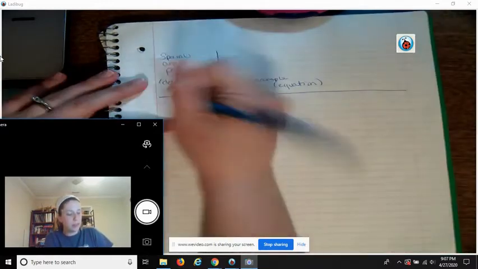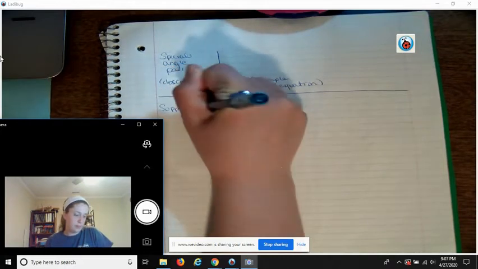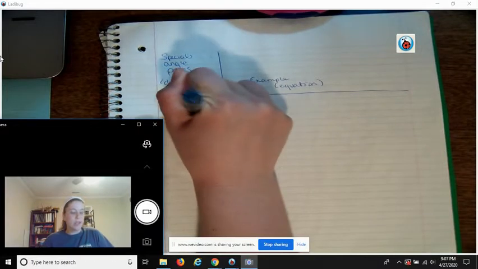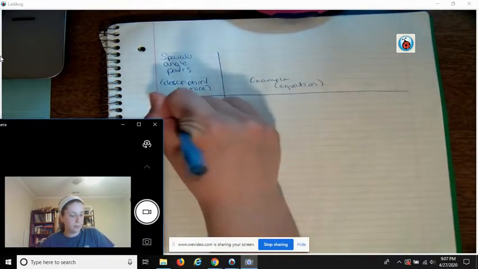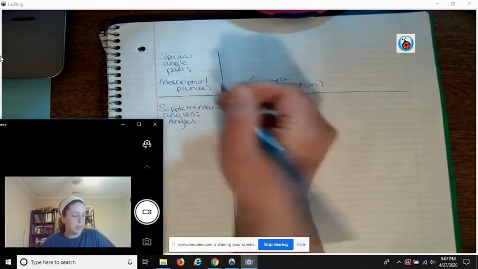We're going to start with supplementary angles. Okay, so supplementary angles are angles that add up to 90 degrees.